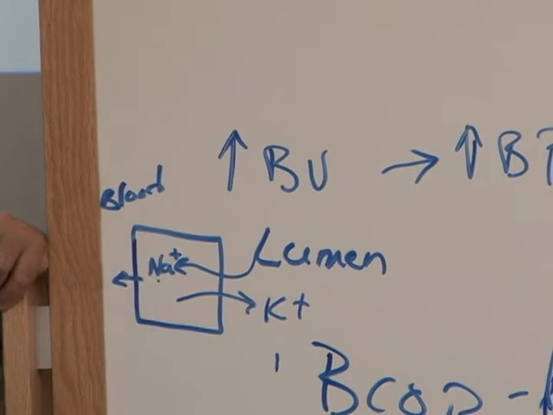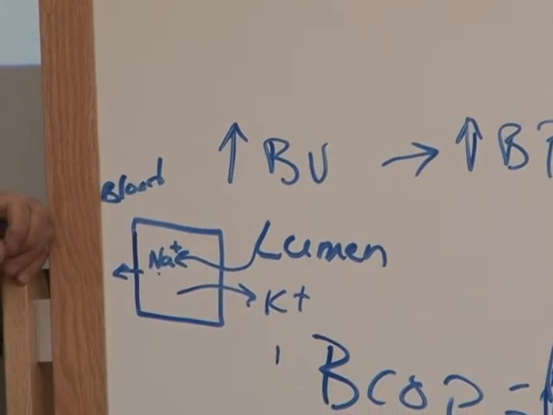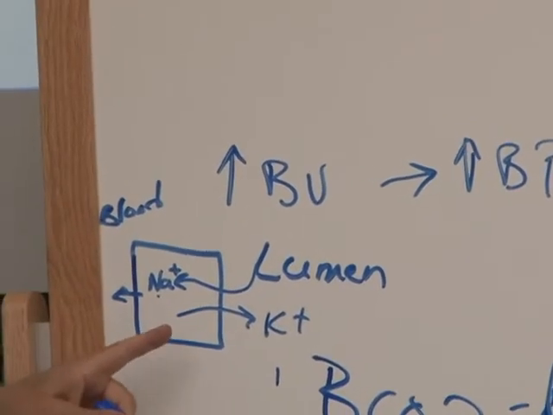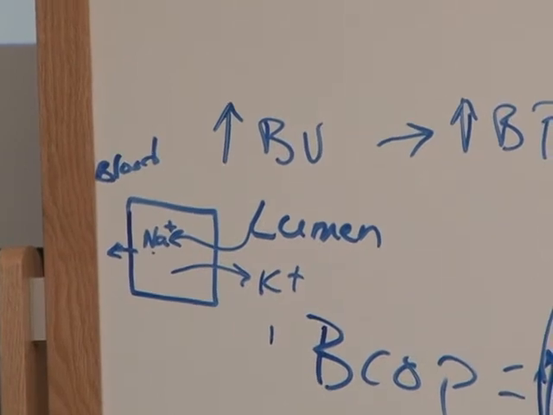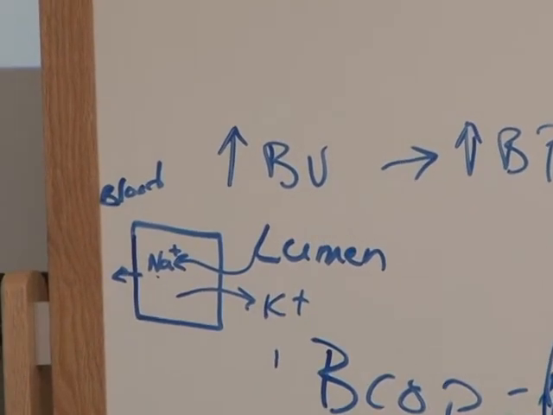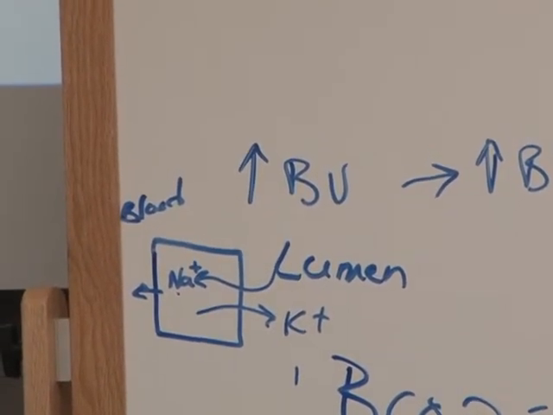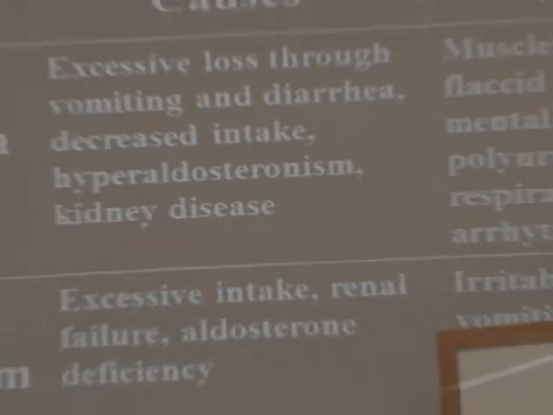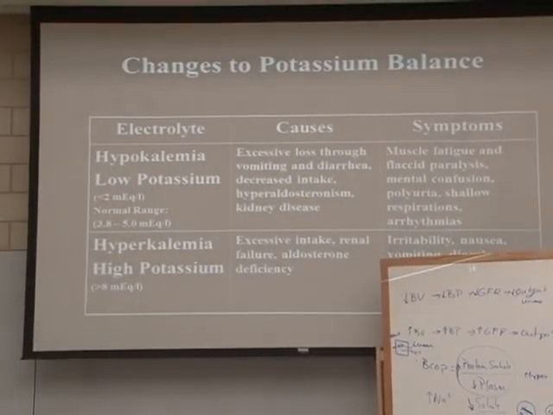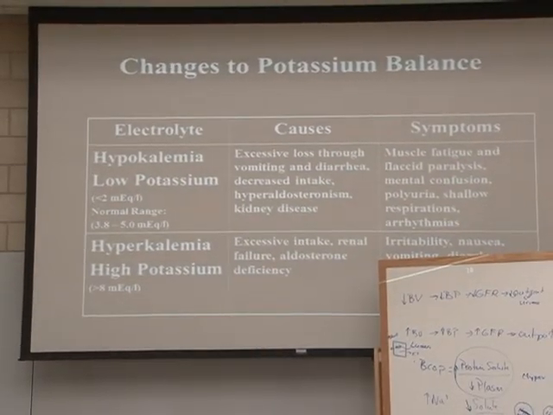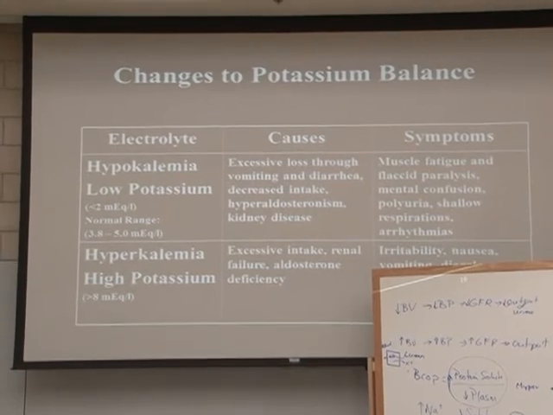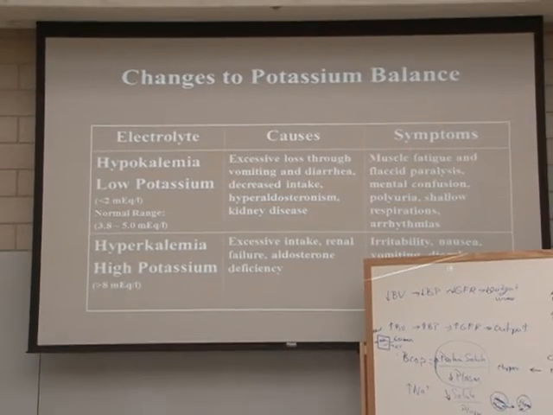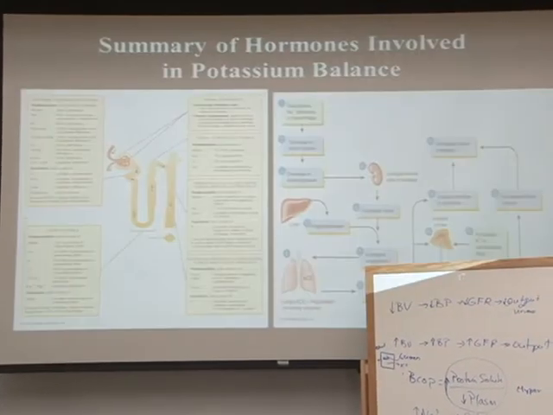If you have an aldosterone deficiency, you reverse that. That's why if you look at those two graphs, you see too high of aldosterone, and an aldosterone deficiency down here.